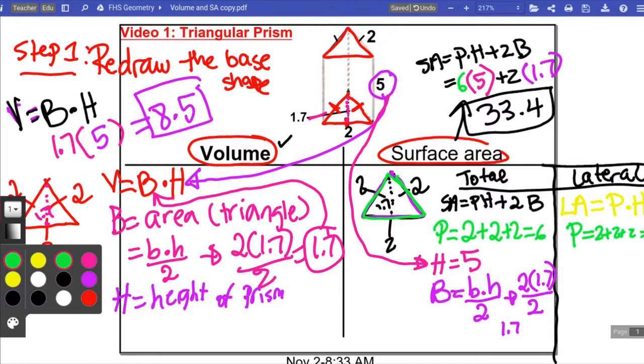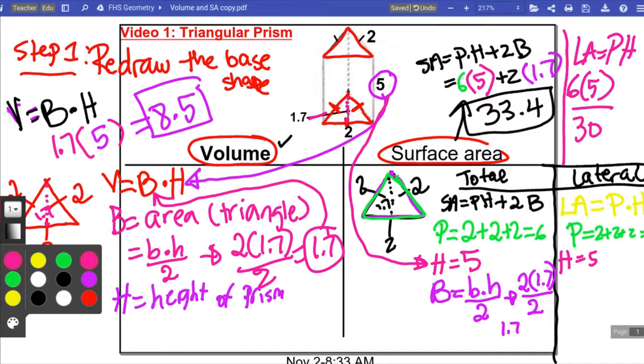And the height of the prism is 5. So now all you have to do is plug it in. LA is P times H, 6 times 5, 30. LA is 30. Done deal. That's how you do this. So I want you to do the next one.